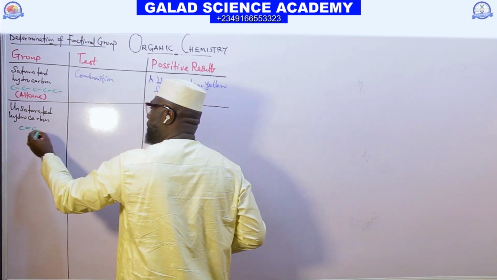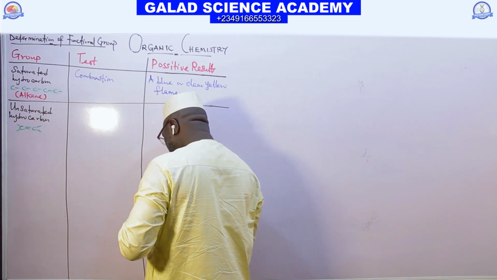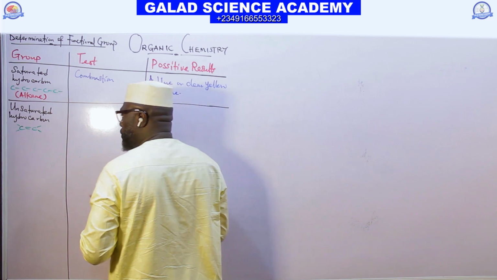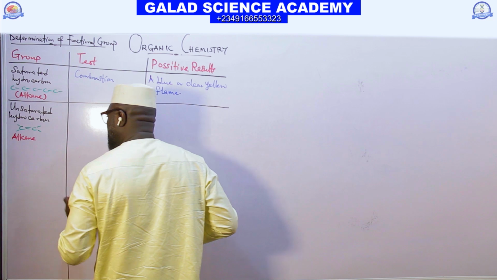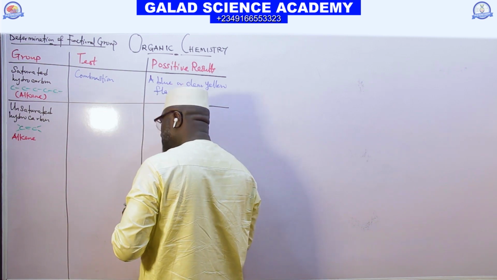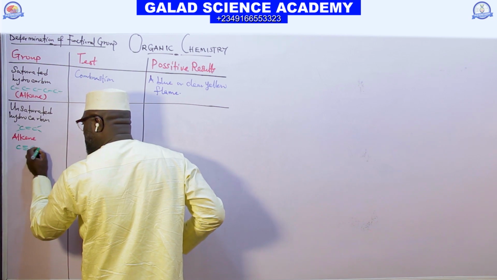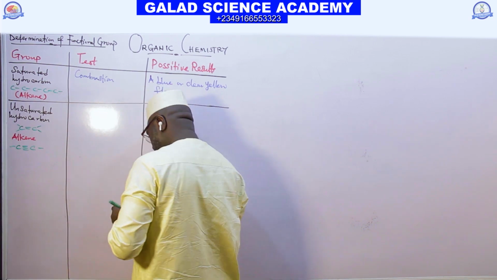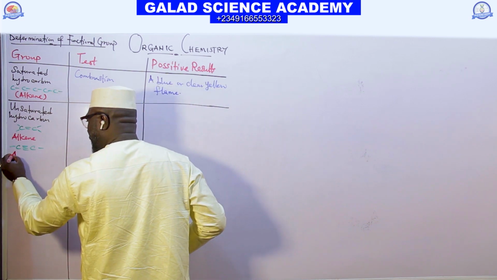If it has a carbon-carbon double bond, the compound is called alkene. If it has a carbon-carbon triple bond like this, the compound is alkyne.